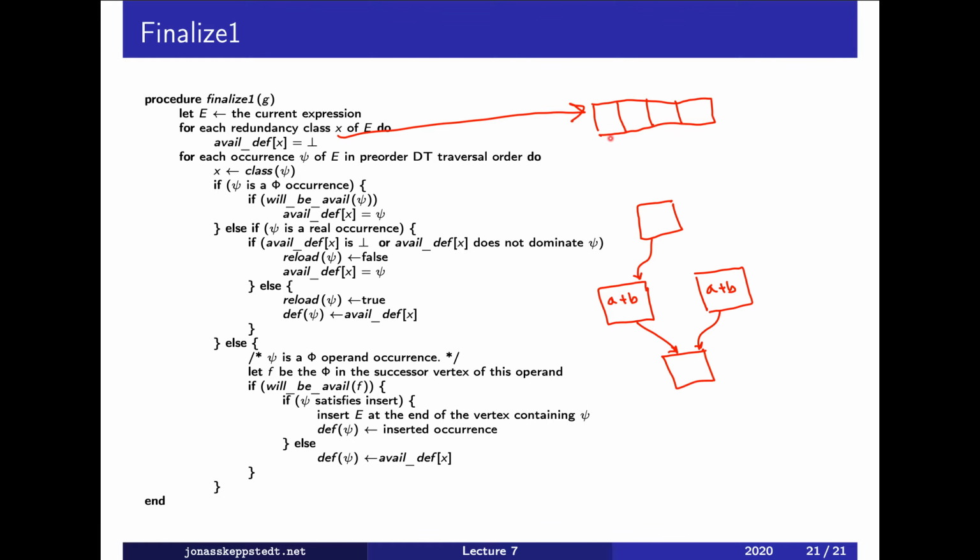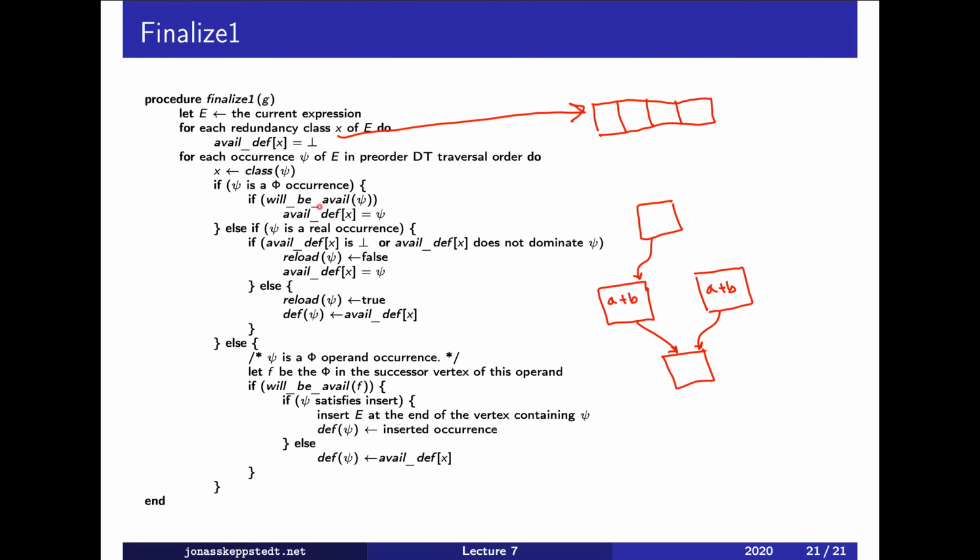What we do is a pre-order traversal of the dominator tree, and we inspect the occurrences in this order, and we check which version of h it is related to. If this is a phi occurrence, then we check if it will be available.